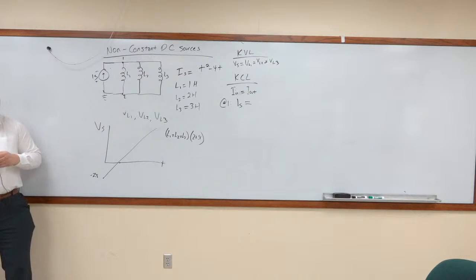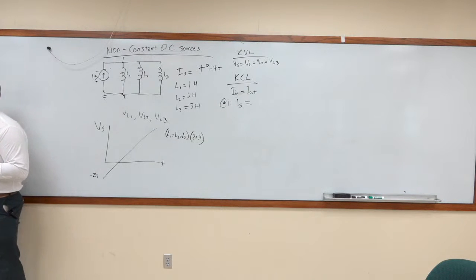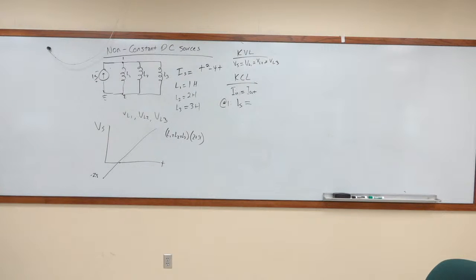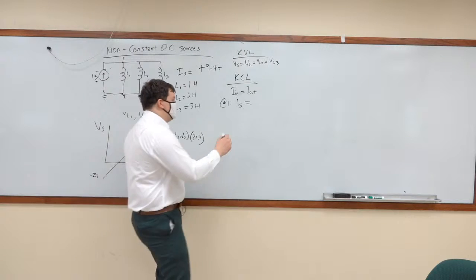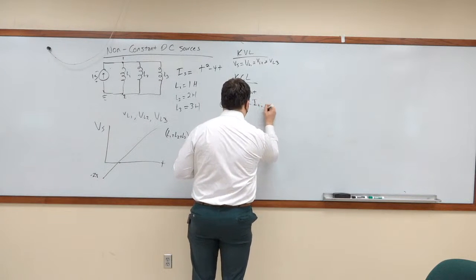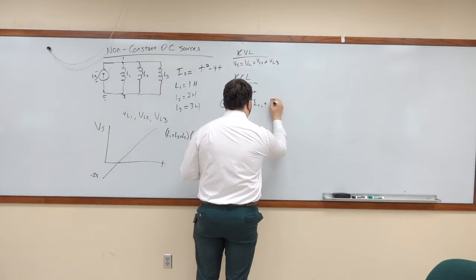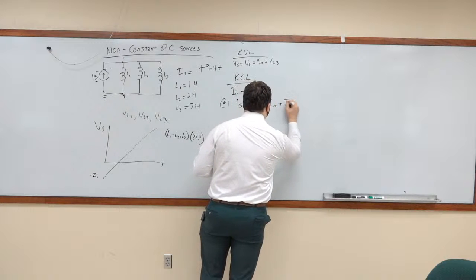But what is the current flowing out of node 1? Yes, but we have 3 of them, so it's going to be IL1 plus IL2 plus IL3.